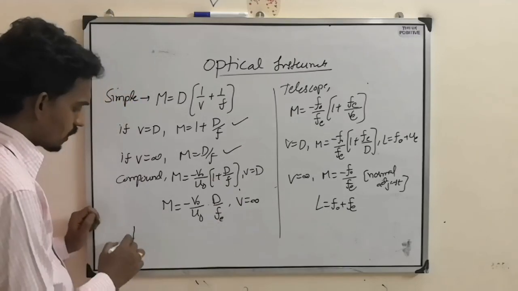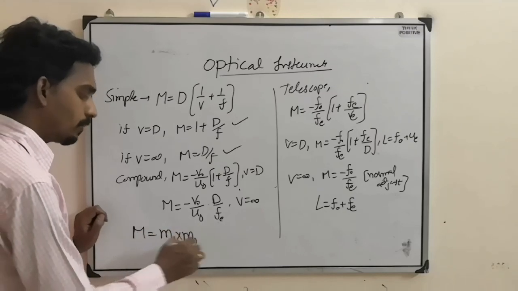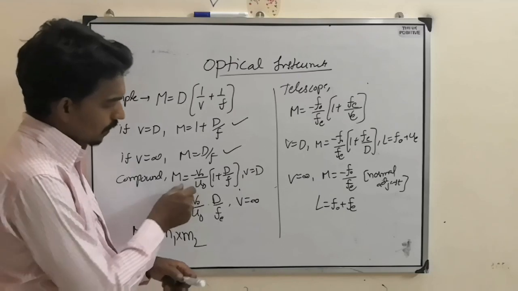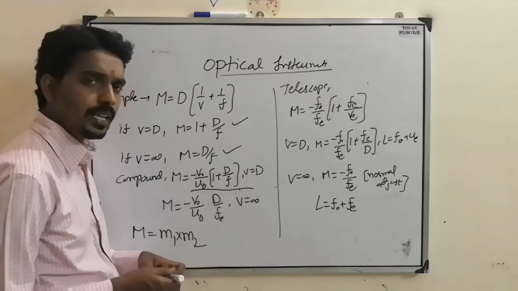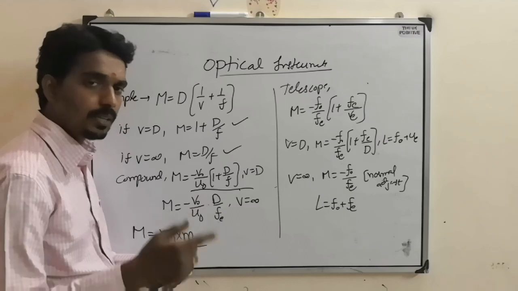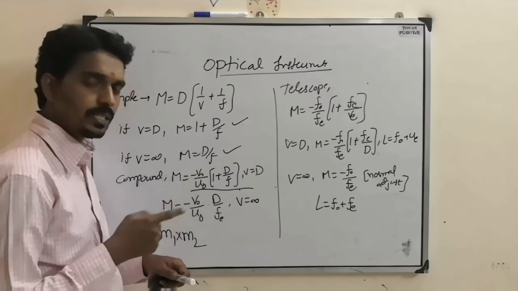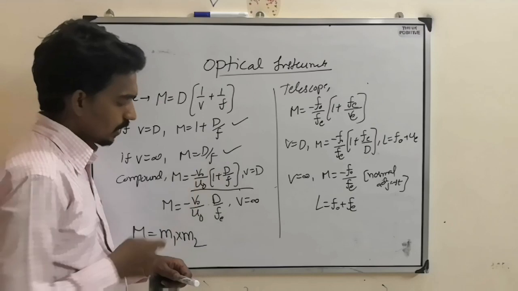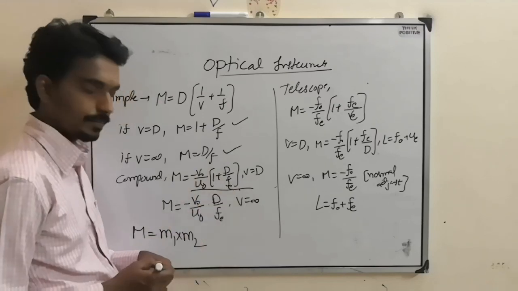The final magnification is magnification due to objective times magnification due to eyepiece, so the final formula will come like this, where V0 is the distance of image after first refraction for the objective, U0 is the distance of object for the objective, and F is the focal length of the eyepiece.